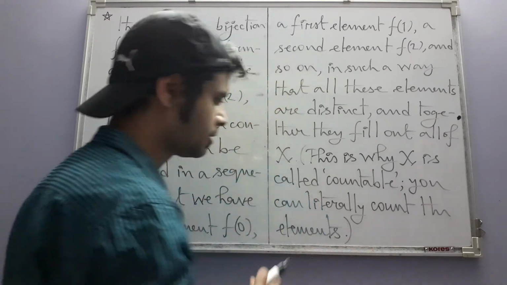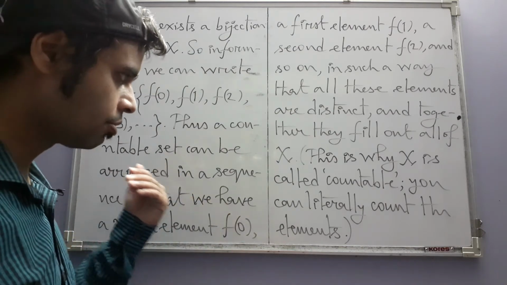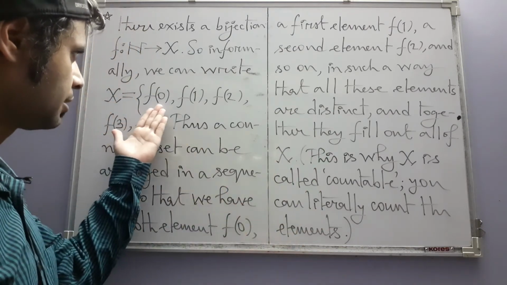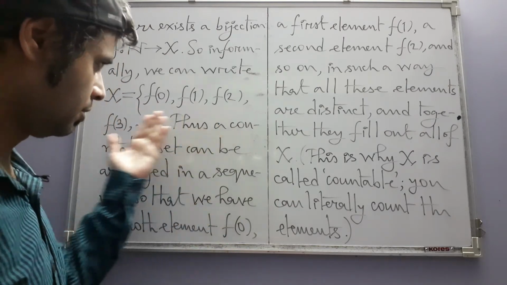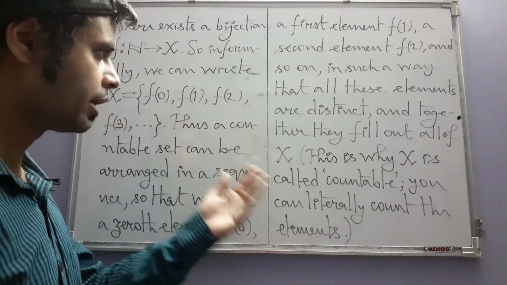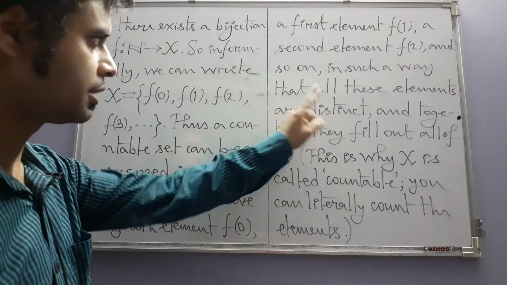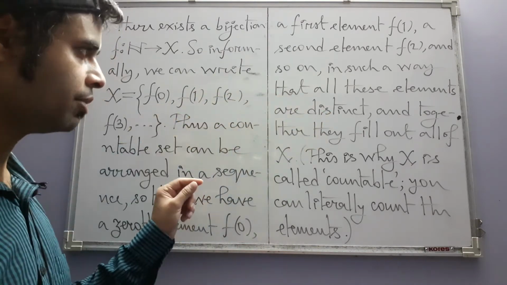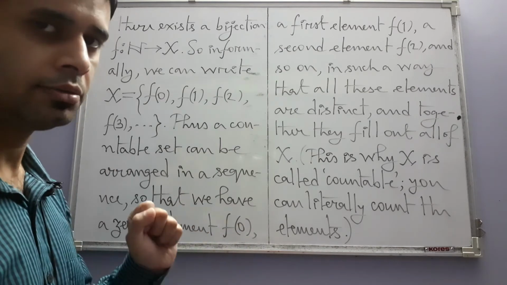It's a different matter, of course, that the counting will never stop, but it just goes like this. And if you are thinking of some hypothetical machine which can count all the elements, then no element will be left out from this counting process. And also because of the distinctness, no element will be counted more than once. Every element will be counted exactly once.